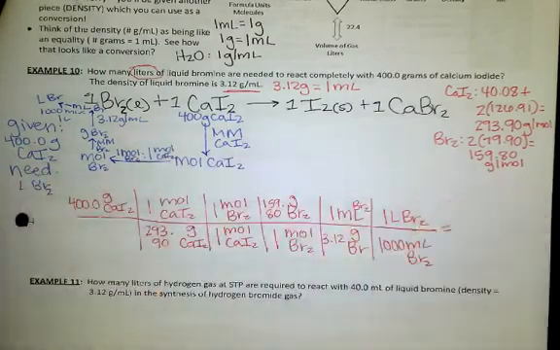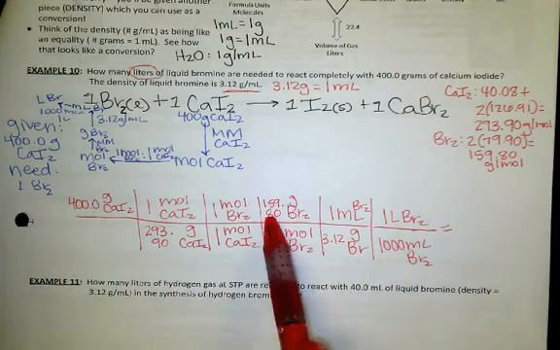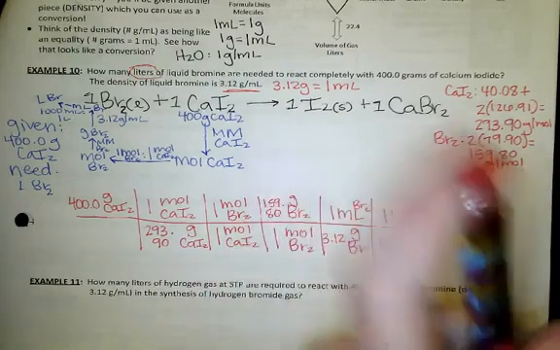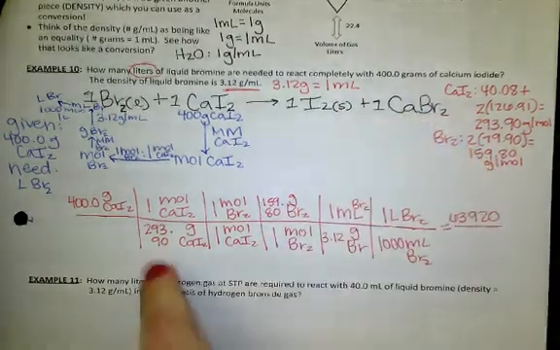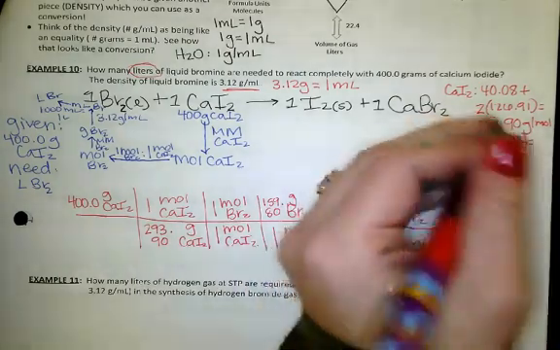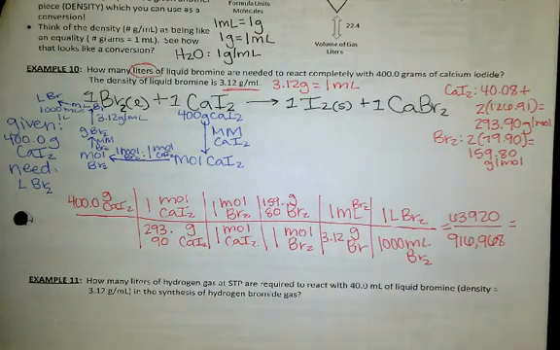So multiply the top, 400 times 159.80. Okay, so 400 times 159.80. And that's going to give me 63,920 on top. Then you're going to have 293.90 times 3.12 times 1,000. So that's 916,968. So then you're going to divide 63,920 divided by 916,968.